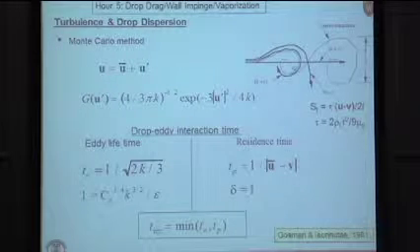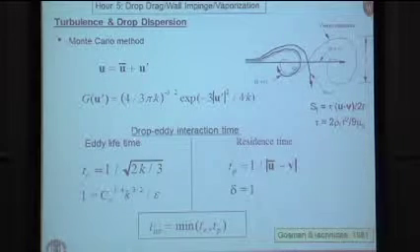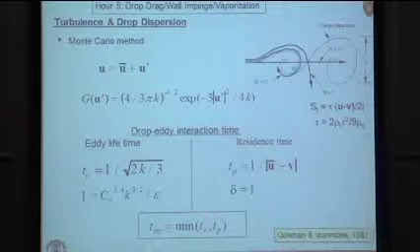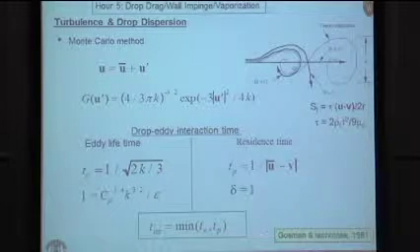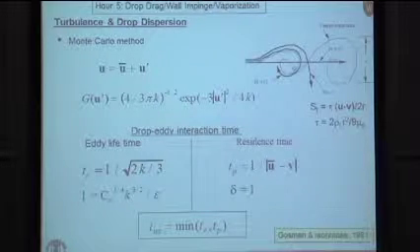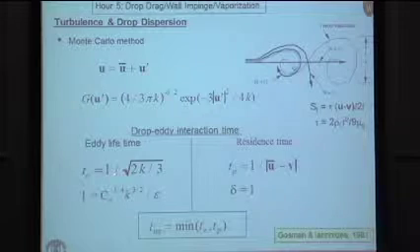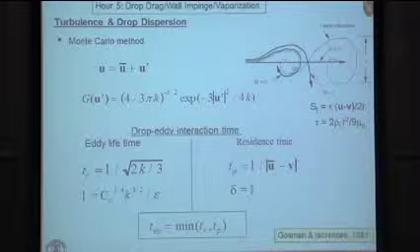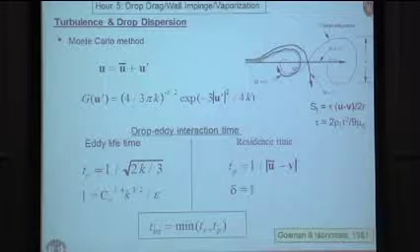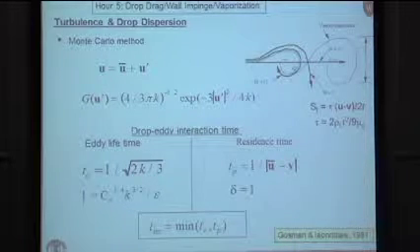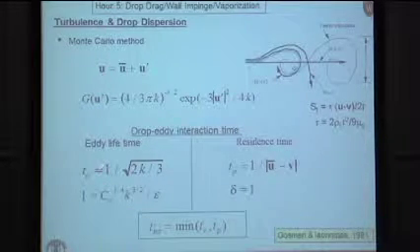So then the next step is to define a droplet-eddy interaction time, which will be the minimum of two potential times. One is the eddy lifetime. The eddy lifetime is determined knowing the length scale of the eddy, which comes from the k-epsilon model, and the turbulence kinetic energy. So basically, a drop can only remain in an eddy for as long as that eddy exists. That's the t sub e here.